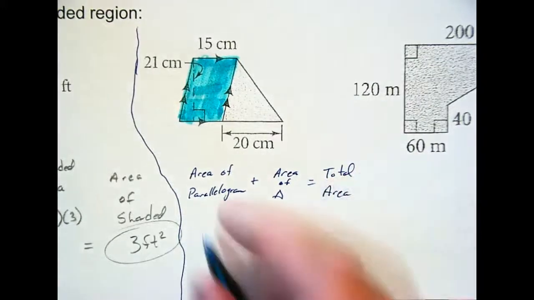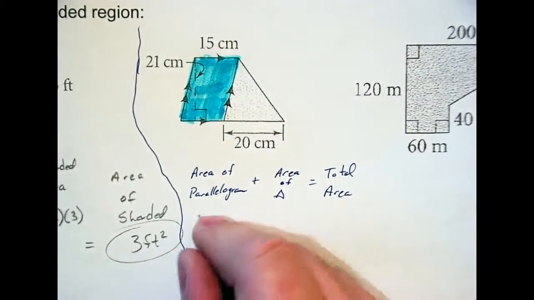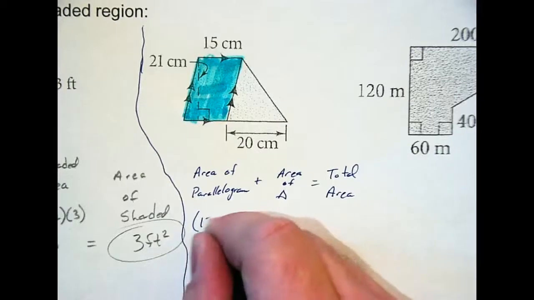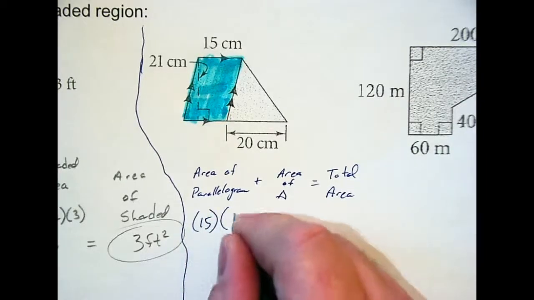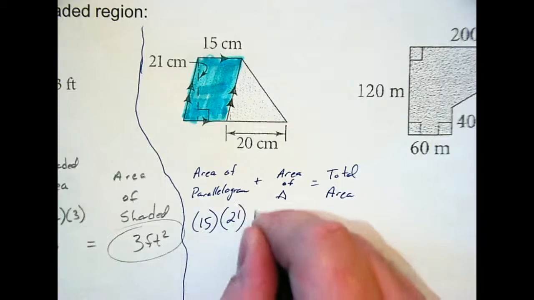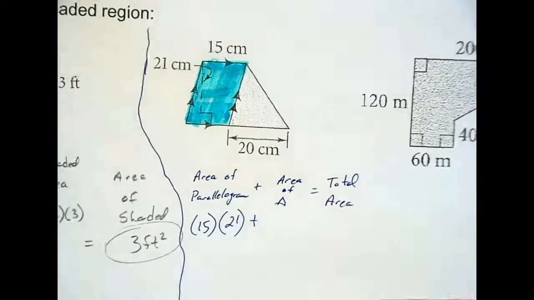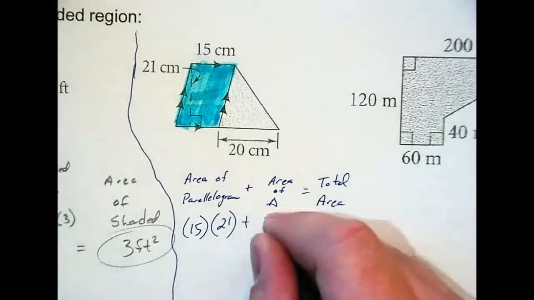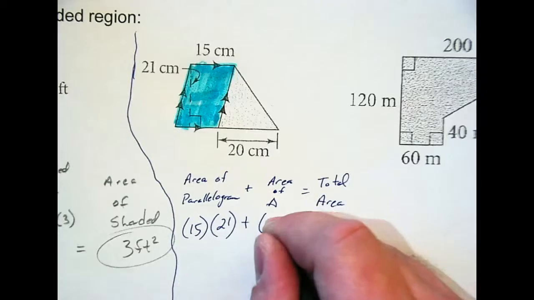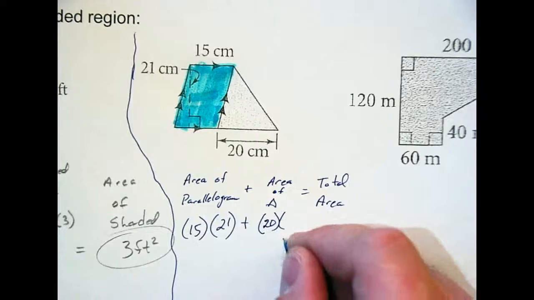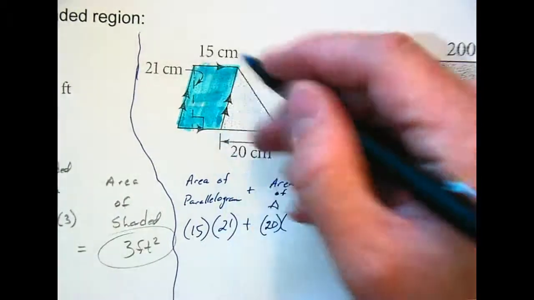Area of the parallelogram is usually easy. It's base times height. So in this case, what's my base? 15. What's my height? 21. Okay. What's the triangle area? What's the base of the triangle? 20. Everyone agree it's 20? What's the height of the triangle? 21. Yeah, it's still this height, right? It's the same height.